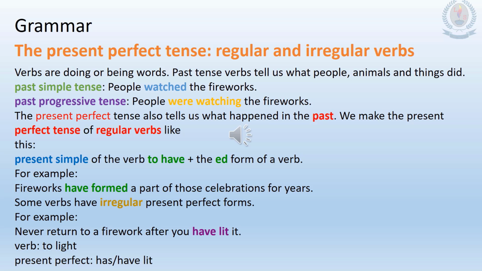The present perfect tense also tells us what has happened in the past. So we use present perfect tense to tell what happened in the past. We make present perfect tense of regular verbs like this. Regular verbs, children, are verbs which have the same pattern.